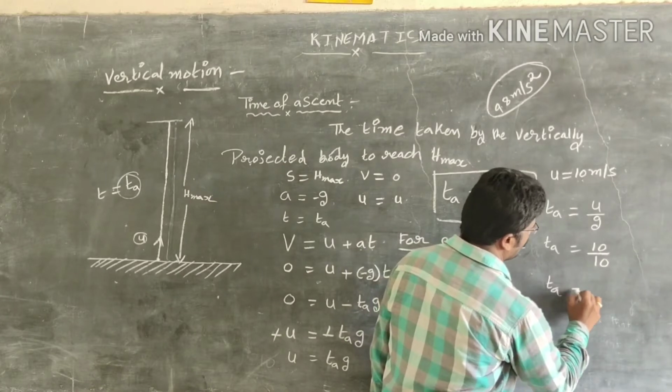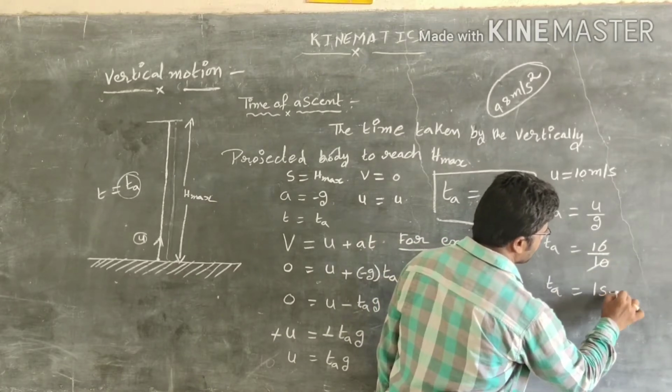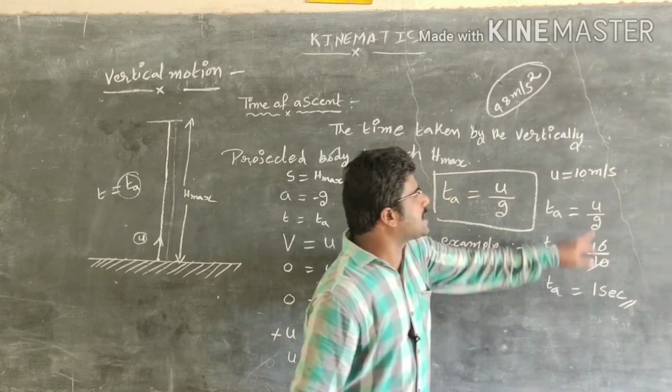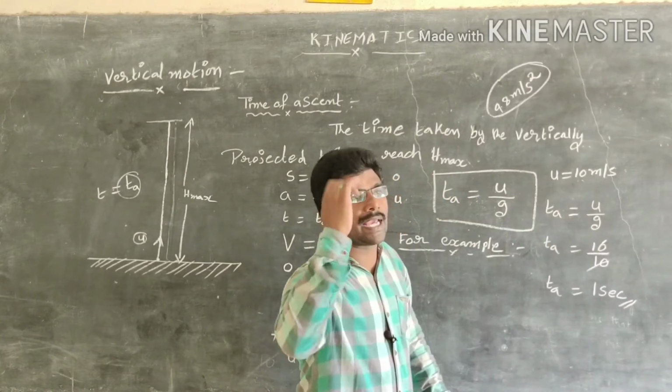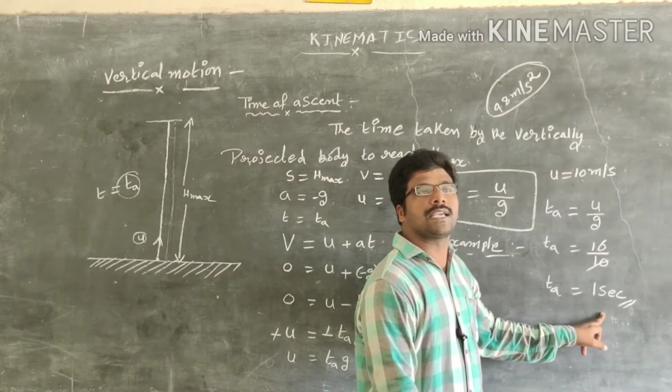Ta equals 10 by 10, 1 second. So if you project a body with a velocity of 10 meter per second, to reach the maximum height it takes 1 second.